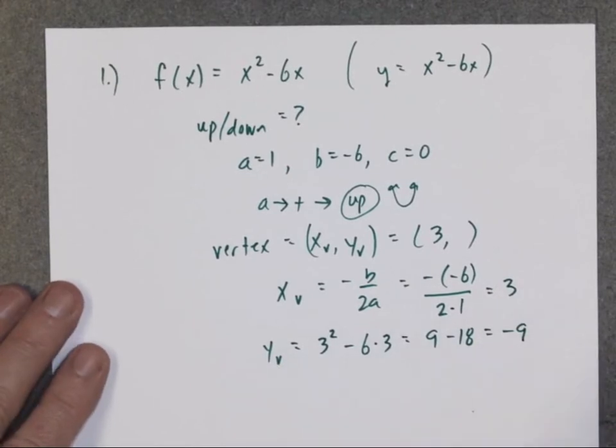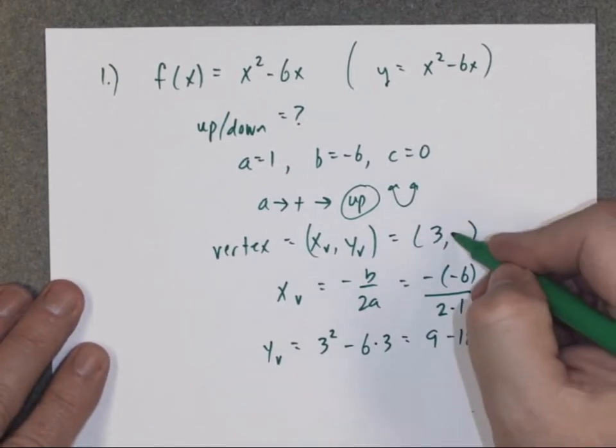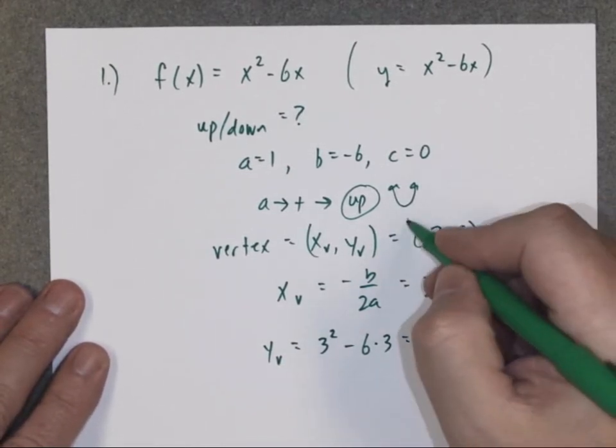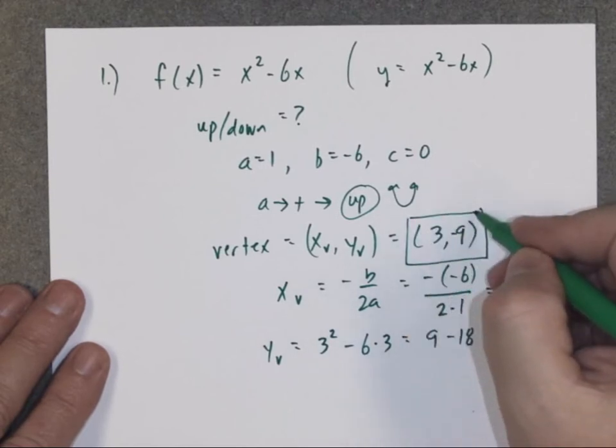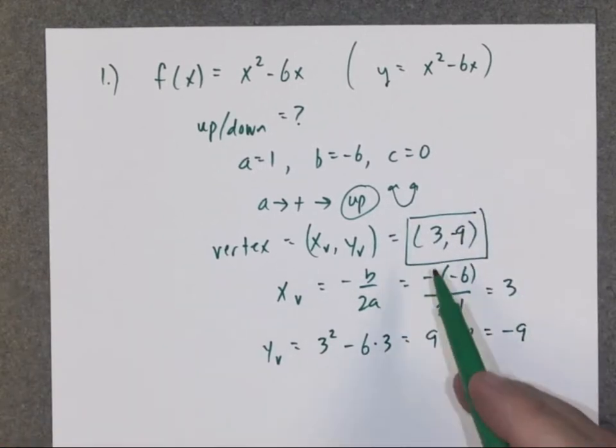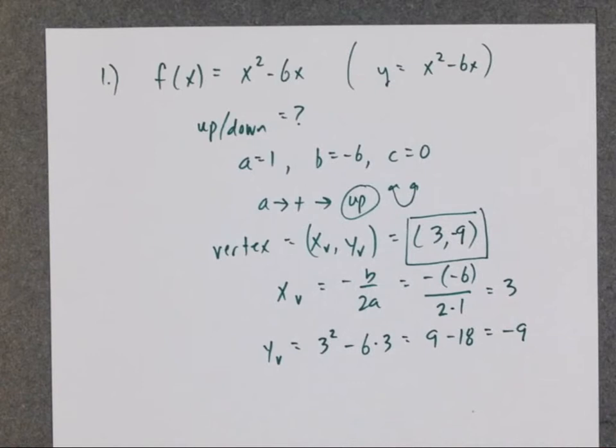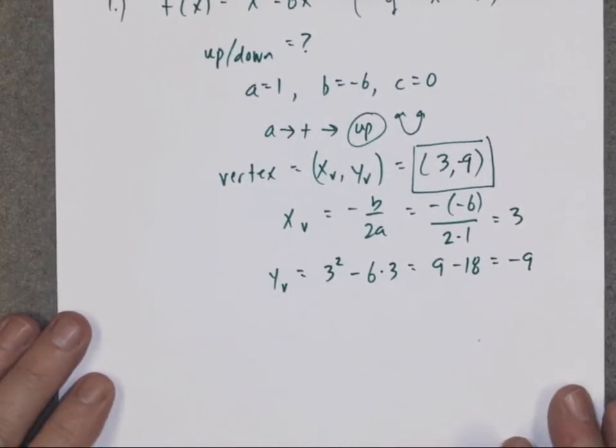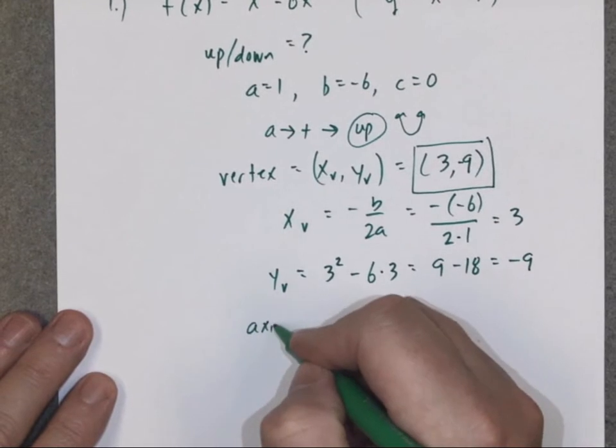Looks like the y of my vertex is minus 9. So there's the next question. What are the coordinates of the vertex? 3, minus 9. Next question is they ask, what is the axis of symmetry?